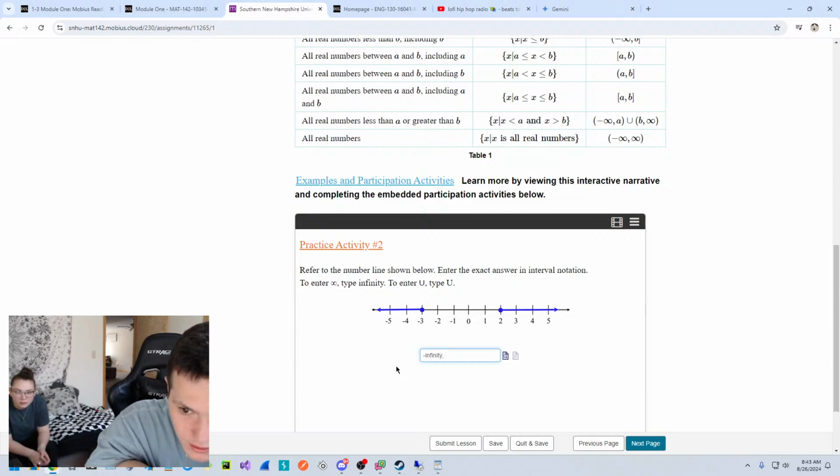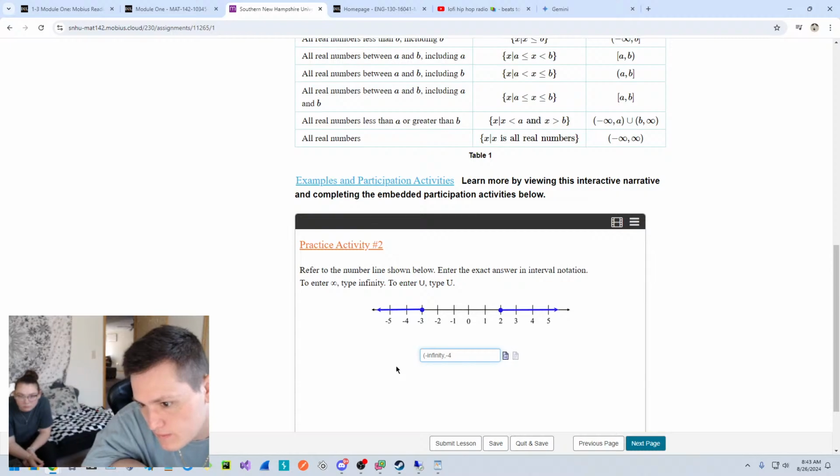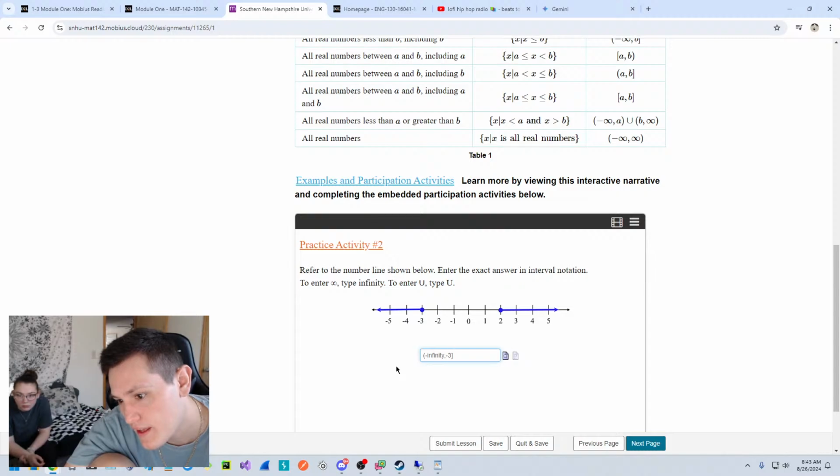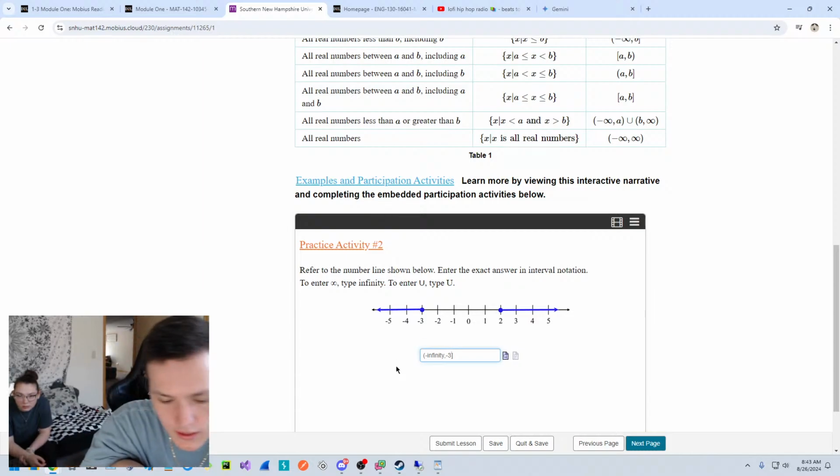What happened to the parentheses? You're right. Or was it a square bracket? No, it's a parentheses. Through negative 3. And then square bracket, and then a U. But it's square bracket because it's including negative 3.